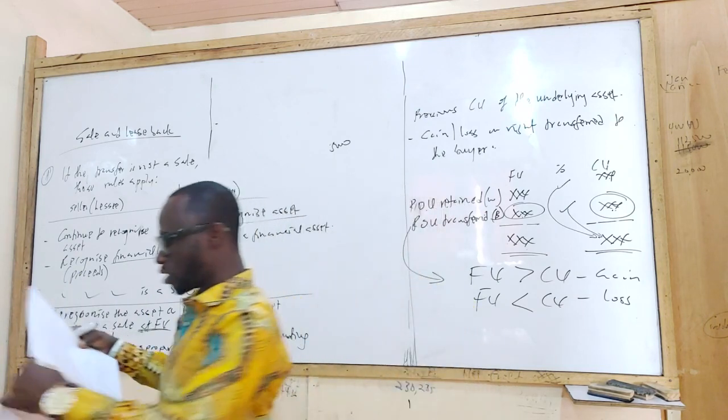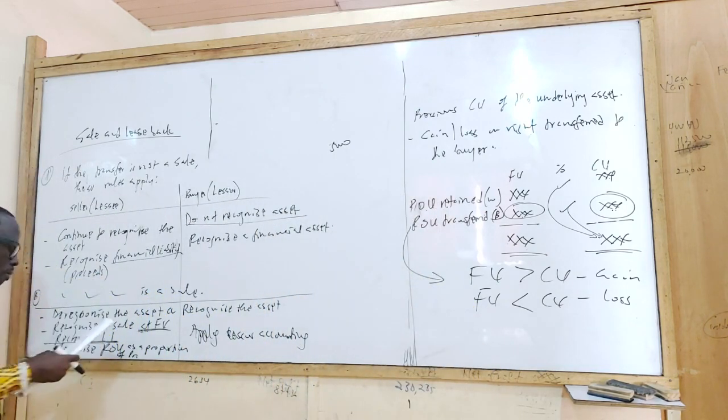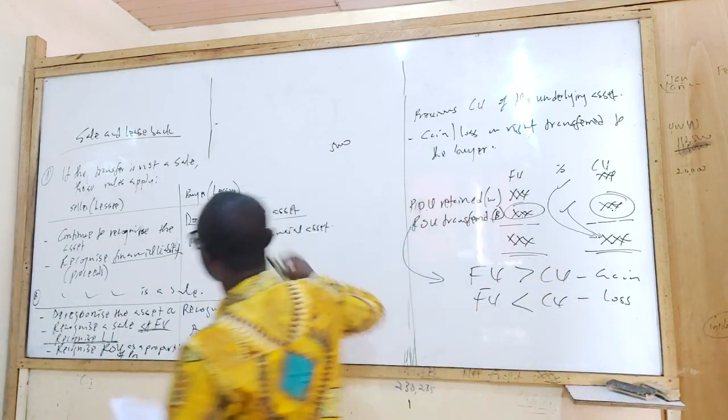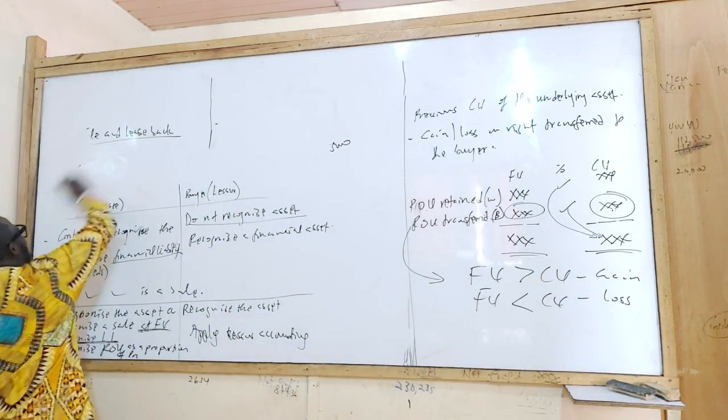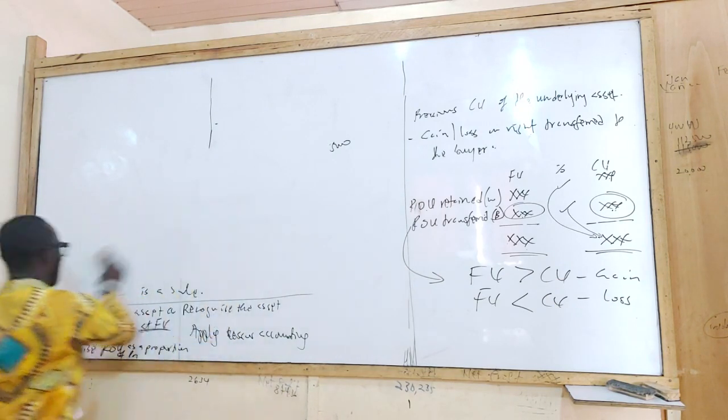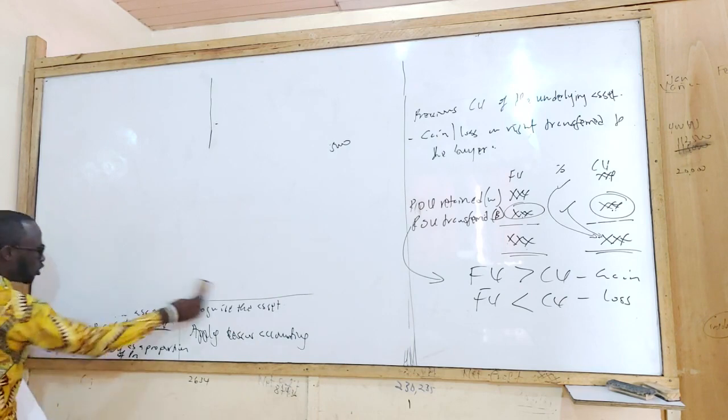So sale and leaseback, 1. Apple required funding. So even the way the question is structured quickly will tell you how you go.